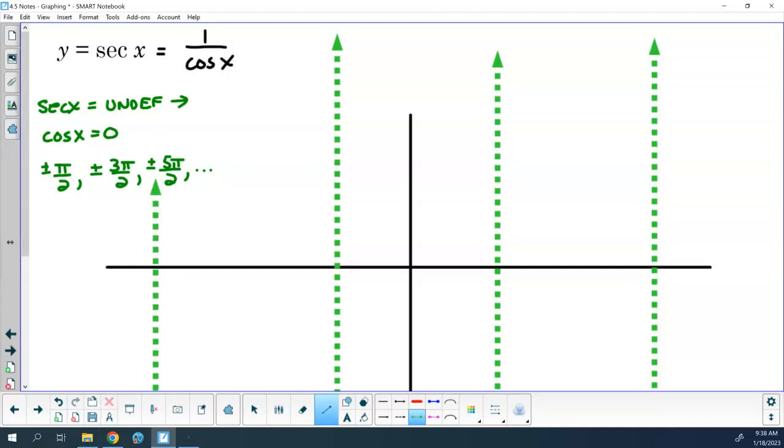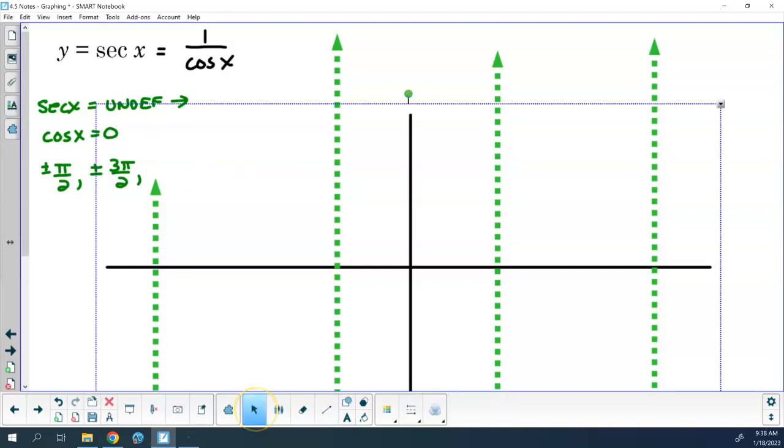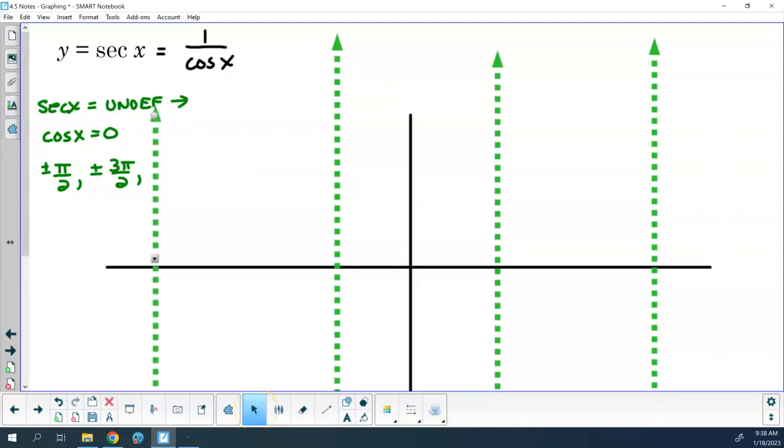That goes. Oh, that's OCD tip. Right? Yeah.